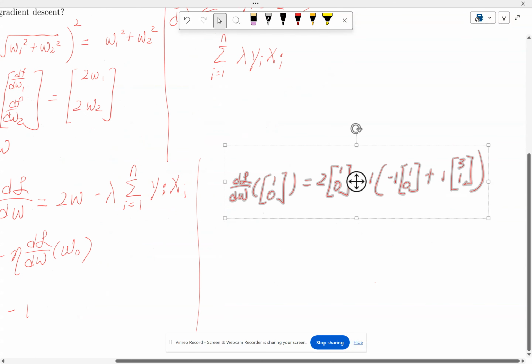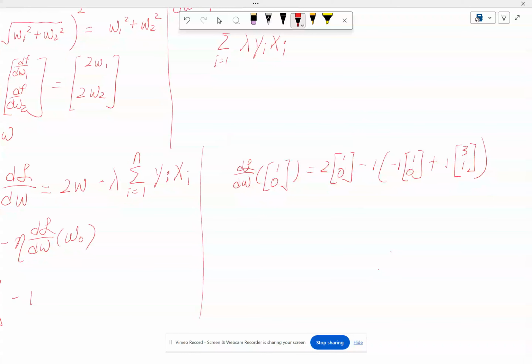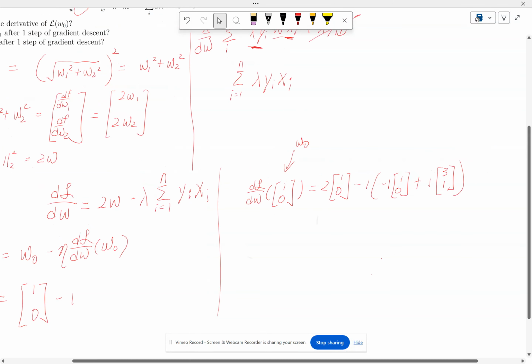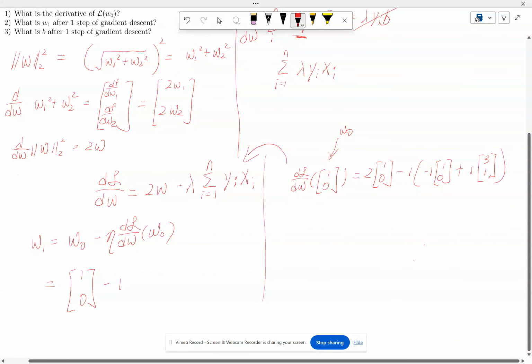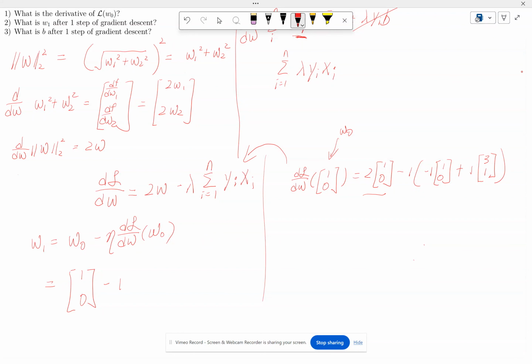There we go. So if we plug the first point in, w0, following this equation, we should get, let me see, I think this looks right. The first point, the second point, yeah, this looks right.